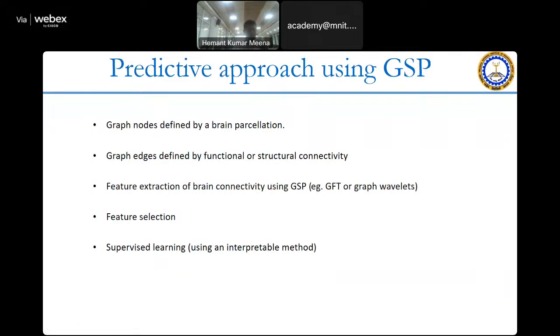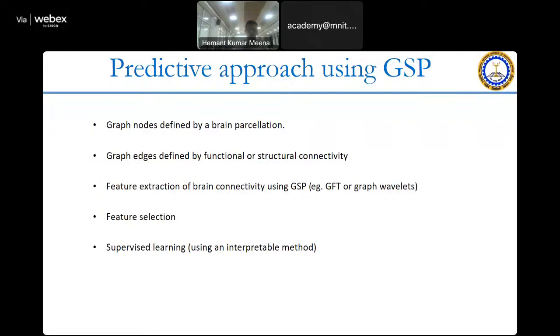So what we say, predictive approach using GSP. The graph nodes are defined by a brain parcellation. Remember, in the analysis of the brain regions, the graph signal representation has become very useful. Graph edges are defined by functional or structural connectivity.